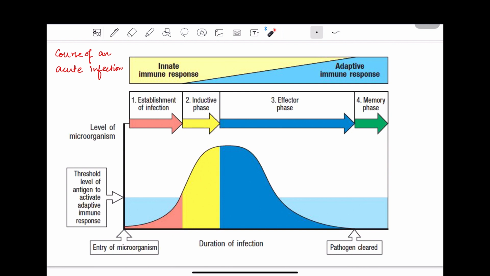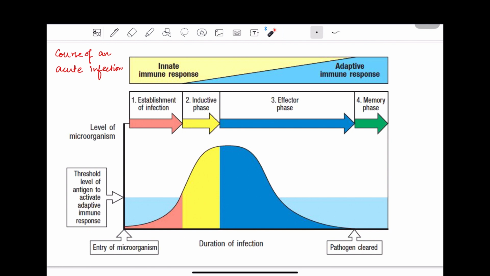When the foreign pathogen enters our body, it takes some time for the microorganism to establish the infection.